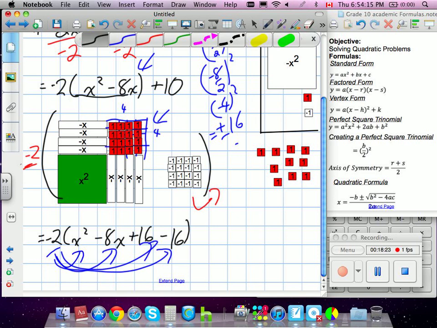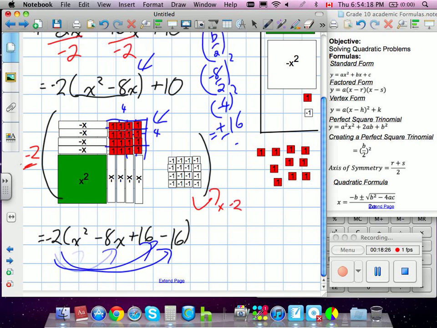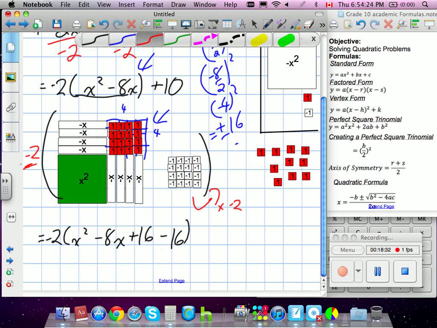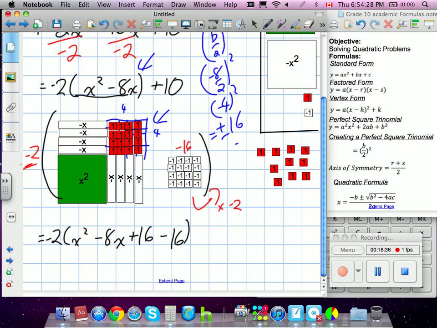So when we finally pull those 16 out, they become what number? Think of it like negative 16 times negative 2. Positive 32. Yeah, positive 32 would come out. Okay. So what that looks like over here is negative 2 times x squared minus 8x plus 16, and then positive 32.